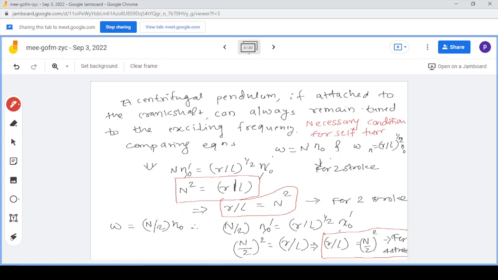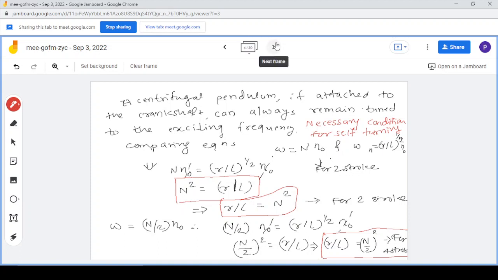So whenever we say that the centrifugal pendulum is going to be self-tuning, it will follow this rule. That is R by L is equal to N square for 2 stroke, where R is the radius of the pendulum, L is the length of the pendulum, N is the number of cylinders, and for the 4 stroke, it will obey the relation R by L is equal to N by 2 whole square.